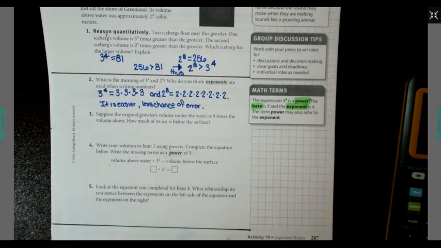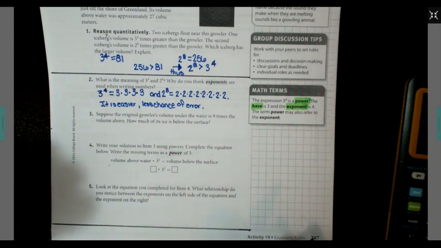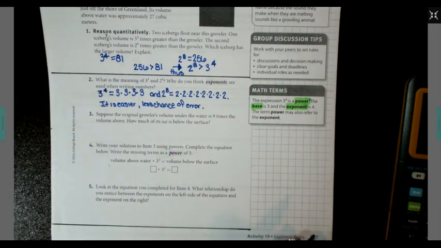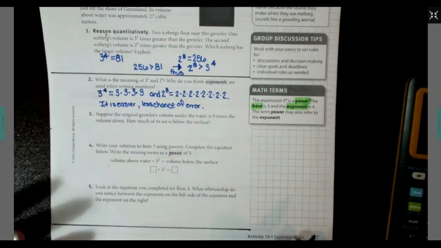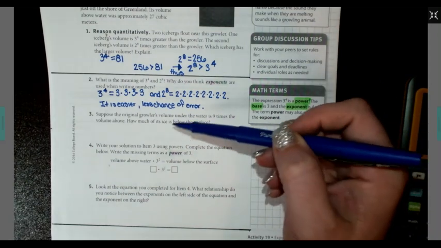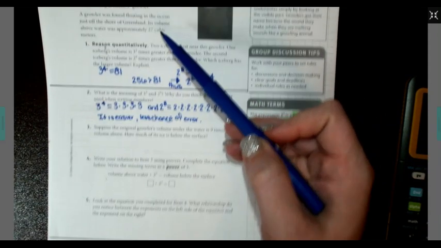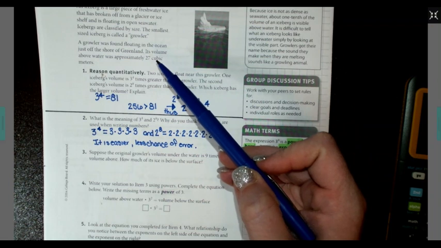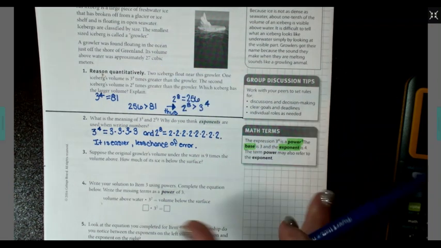Suppose the original growler's volume under the water is 9 times the volume above. How much of its ice is below the surface? Sorry, below the surface. My bad. Okay, remember that the growler, its volume above the water was 27 cubic meters.